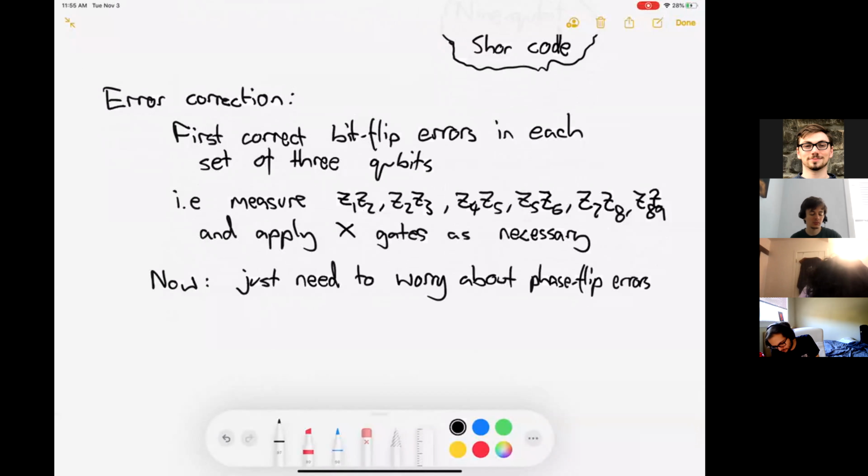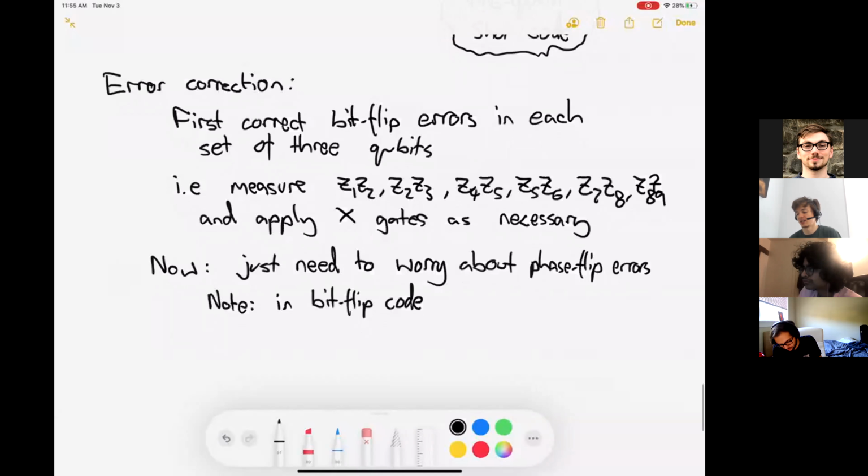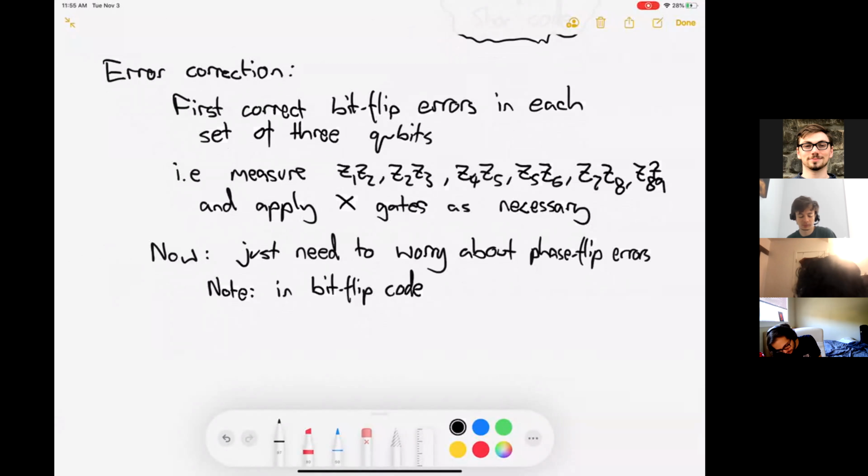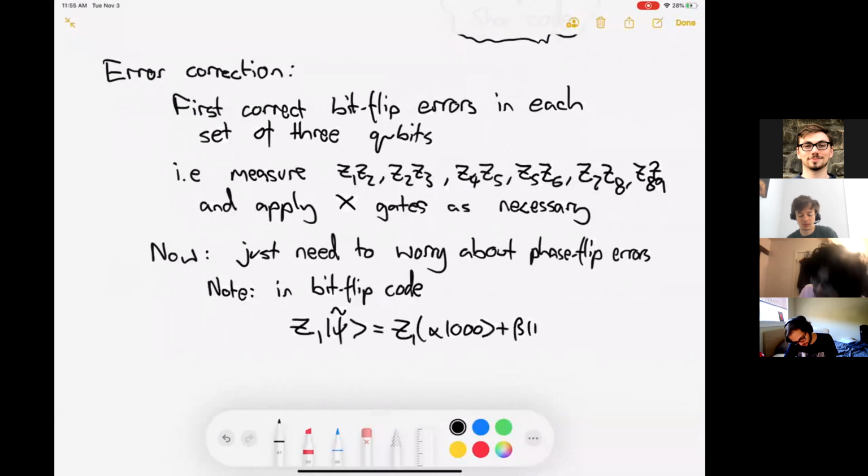And the important thing is in the bit flip code, on any set of 3 qubits, Z1 acting on some state psi tilde, where psi tilde is just a superposition of 000 and 111, is just equal to alpha 000 minus beta 111.